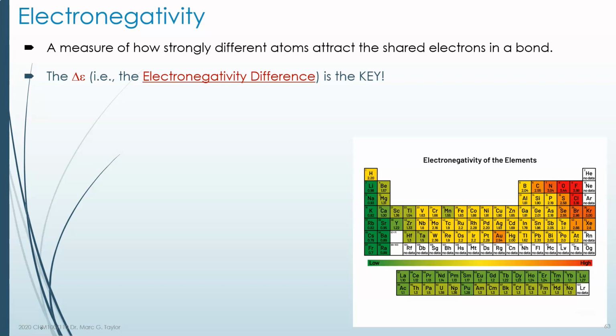What is important, however, is not the individual electronegativity of any atoms, and these are shown here in the periodic table below. You'll see the numbers vary between 0.7 at the lowest all the way up to about 4.0 at the highest. The lowest are down in the bottom left-hand corner, and the highest are up at fluorine. They would include the noble gases, but most noble gases have not been involved in that many compounds, so the electronegativity is really not known well for those.